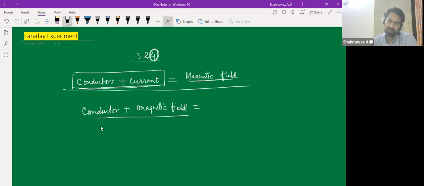We will get current, but to be precise, that would be induced current.